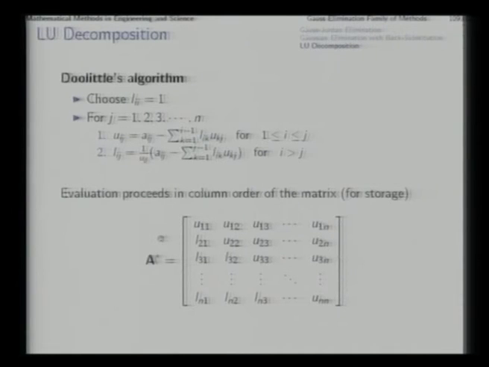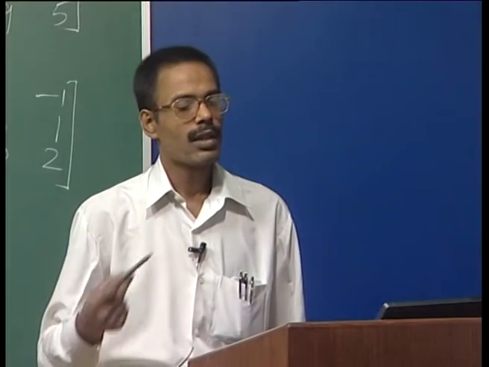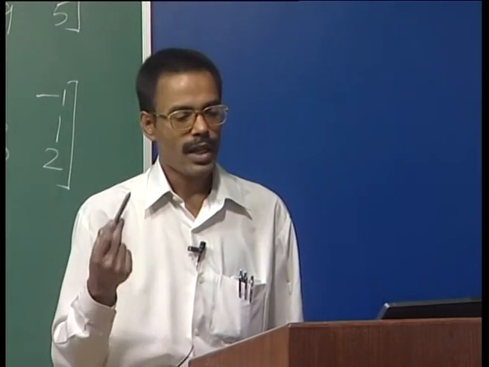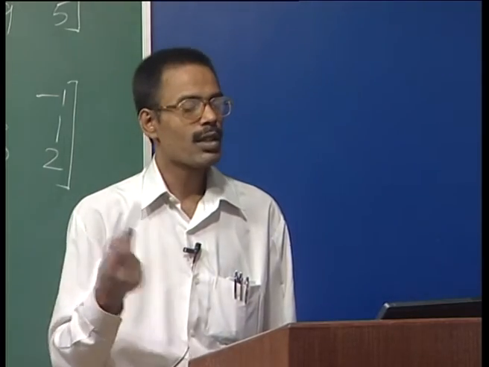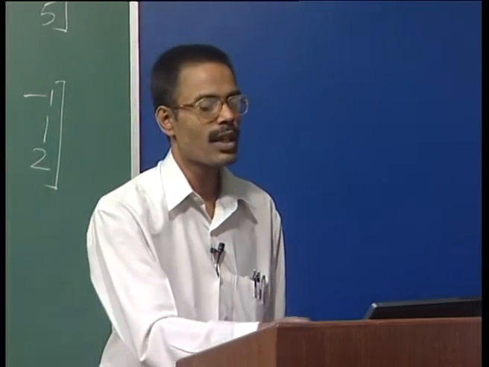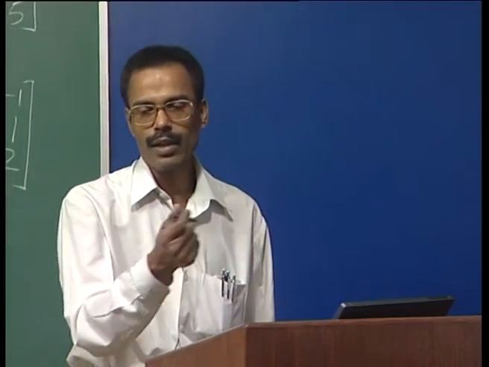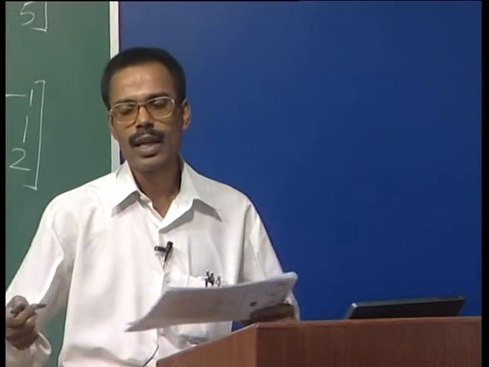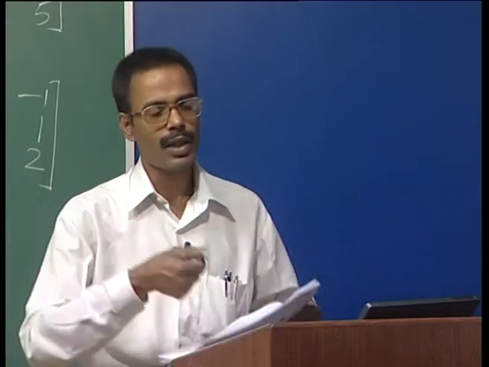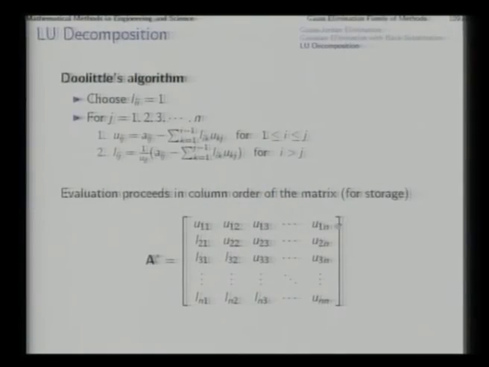So, this saves storage space. Many professional algorithms also make another economical use of storage, in the sense that this matrix they return in the place of A itself. The address, the location in which you supplied A, in that name, in that place itself, it sends you back this matrix. Okay. Now, this is Doolittle's algorithm.